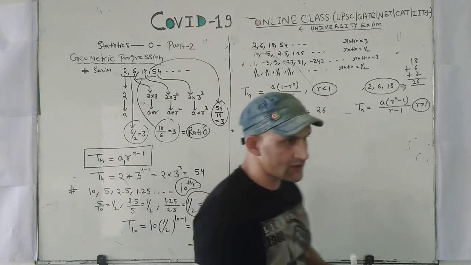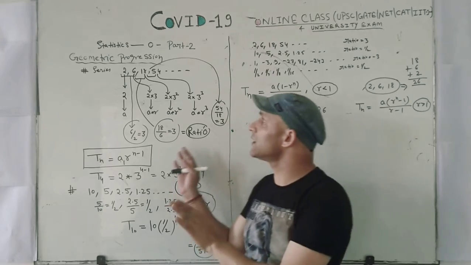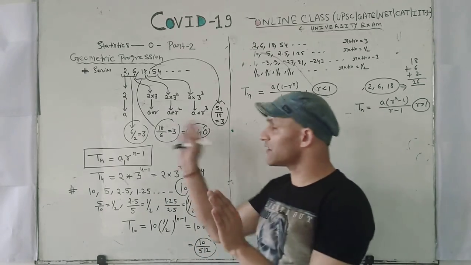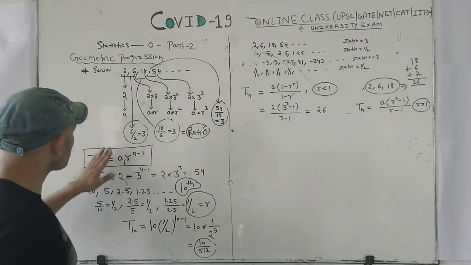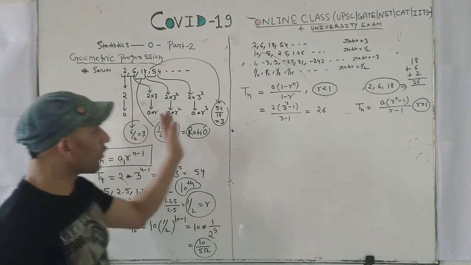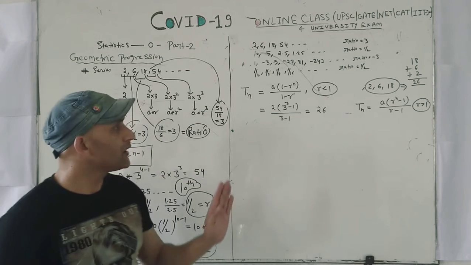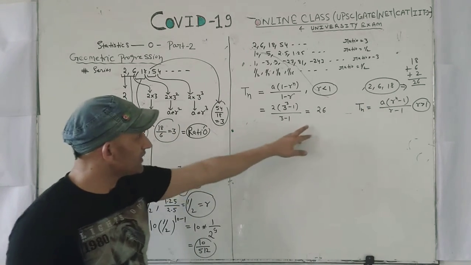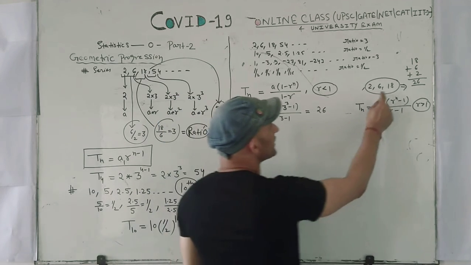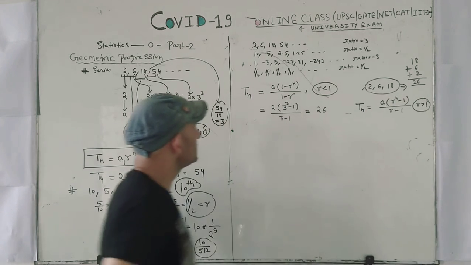After this lecture, we will explain how to find the product of all the numbers. Here we are only explaining how to find the nth position and how to find the sum of all the numbers in this series. I think you got it. You can also calculate the sum of these numbers, which is equal to 26.